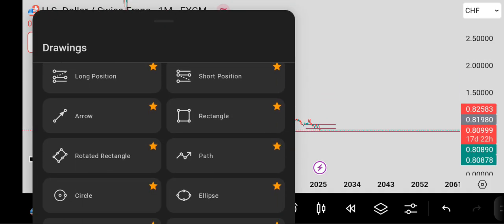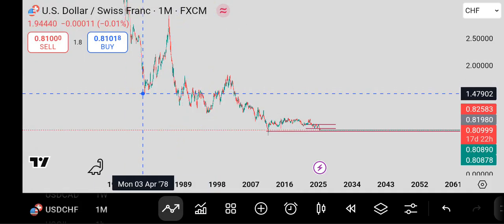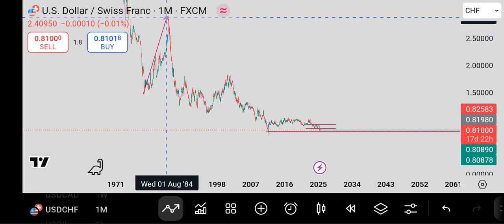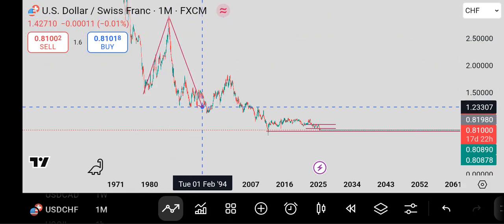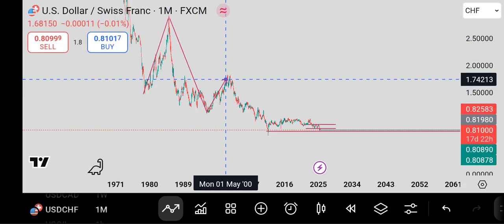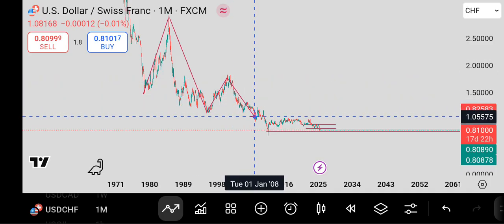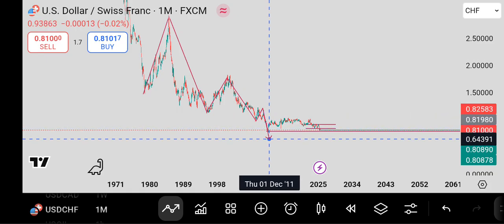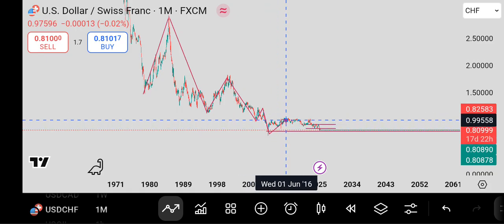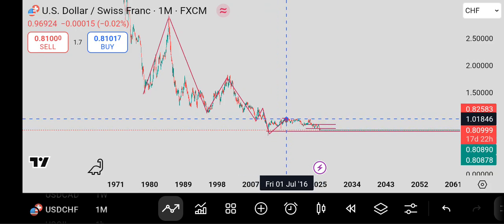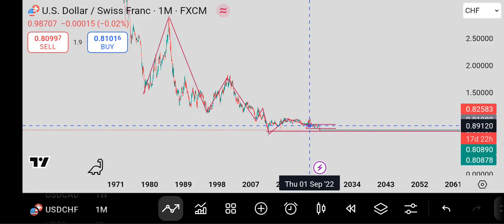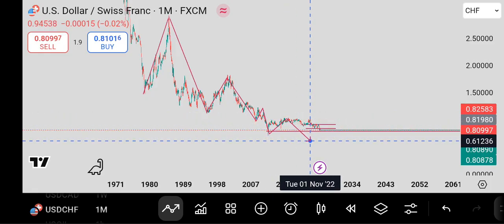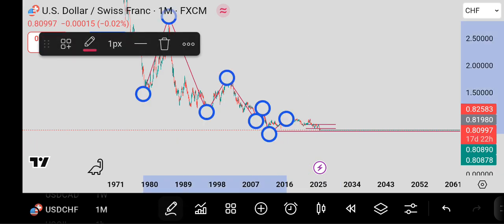The market was making a series of lower high, lower low, lower high, lower low, lower high, lower low. Now it came and made a lower high. Normally, it should come and make a lower low, right? Okay, that's for the trend.